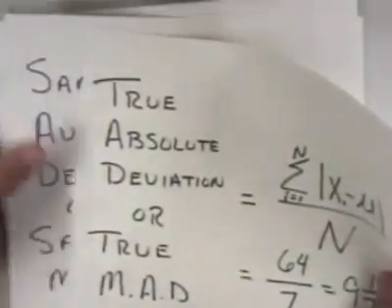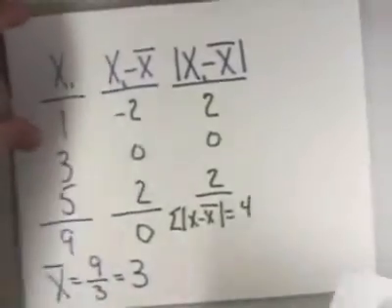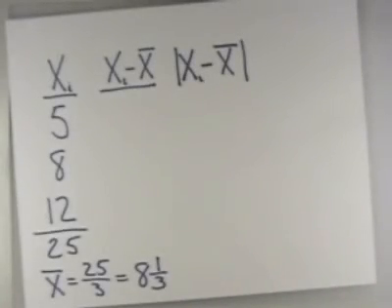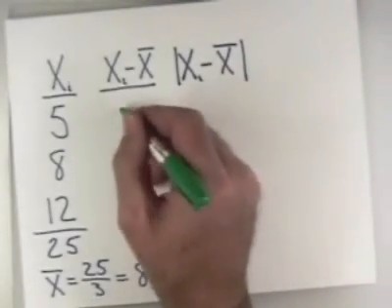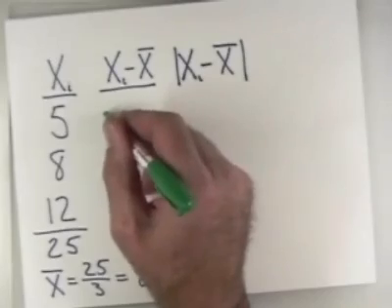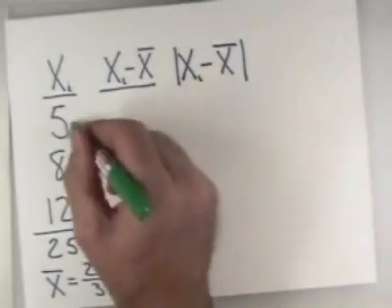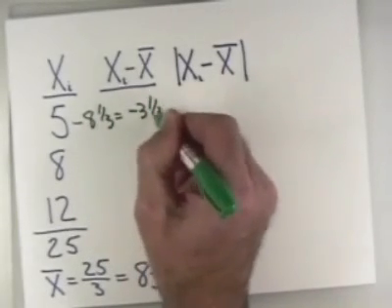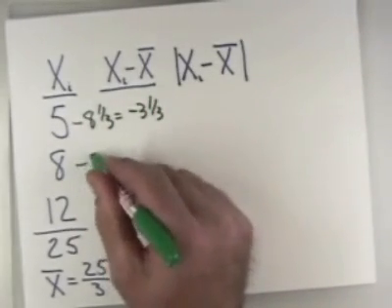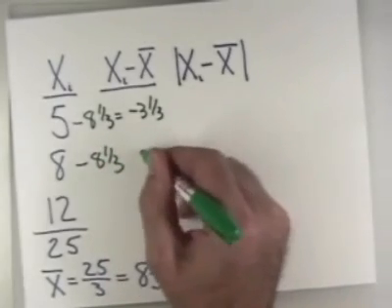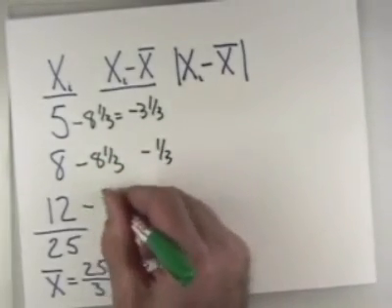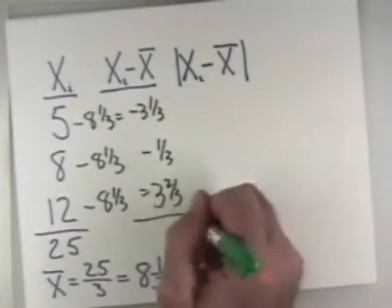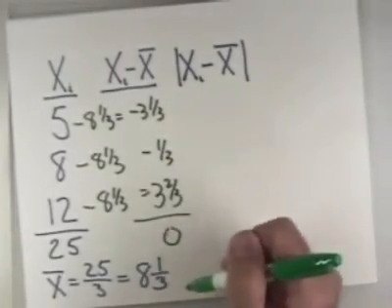Now, we could go back and do this for the other sample, and in that case, we end up with 8 minus 8 1/3 would give me minus 1/3. Minus 8 1/3 gives me a minus 3 1/3, and minus 8 1/3 gives me a plus 3 2/3. Now notice again that adds up to 0.